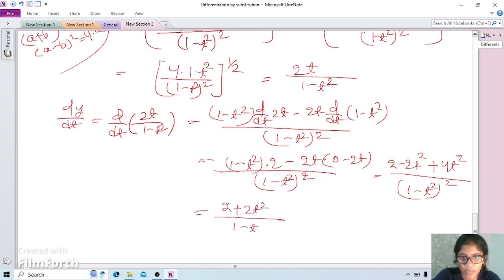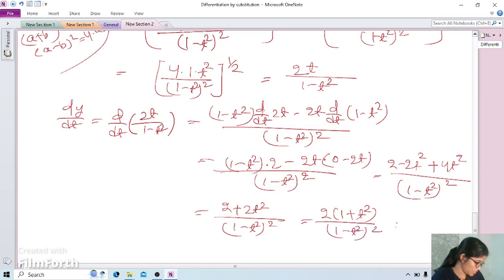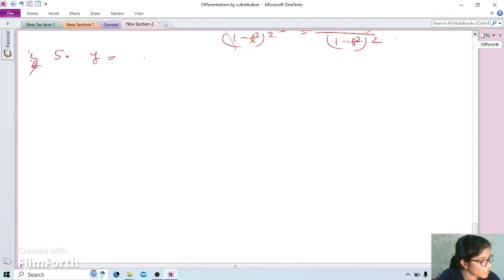In some cases, where there is a square plus x square, we put x equal to a tan theta. But here it is 1 plus x square, so let us put x equal to tan theta. Theta is equal to tan inverse x.